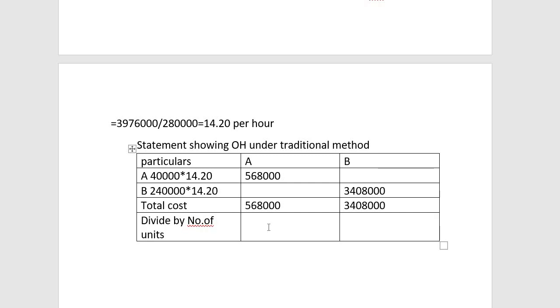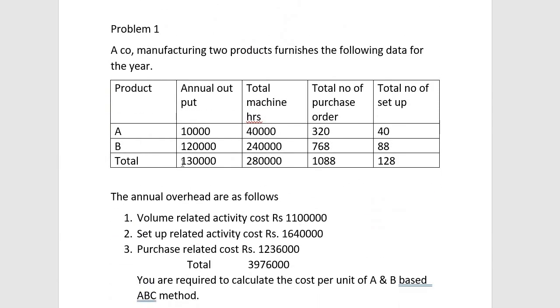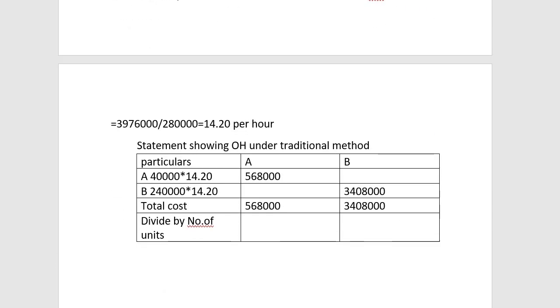Number of units means number of output. You can see in the problem the total output is 1,30,000. For product A 10,000, for product B 1,20,000. That is the output, means number of units.